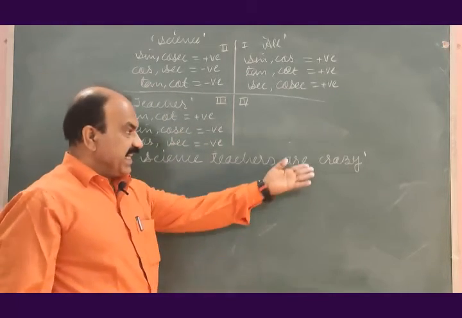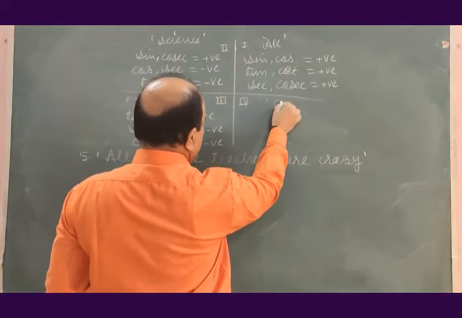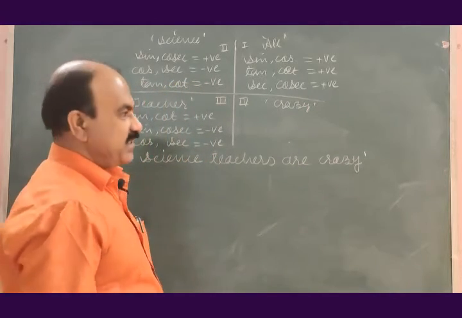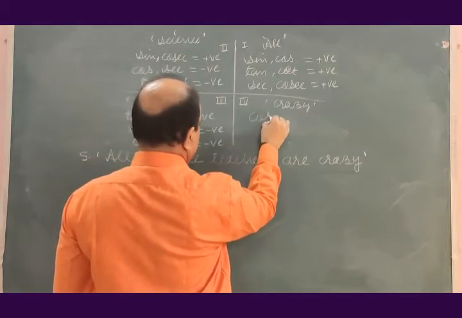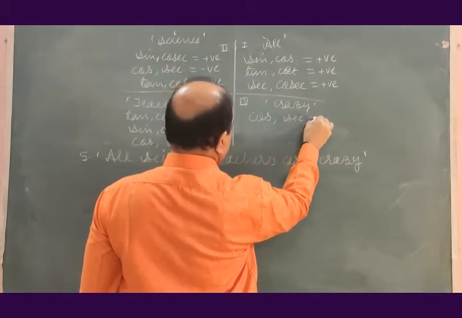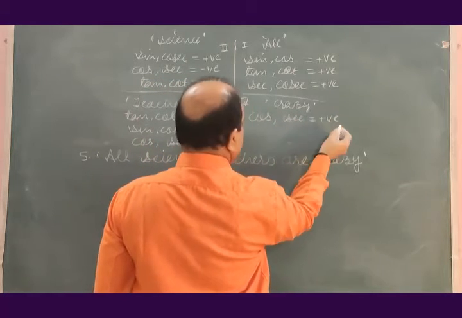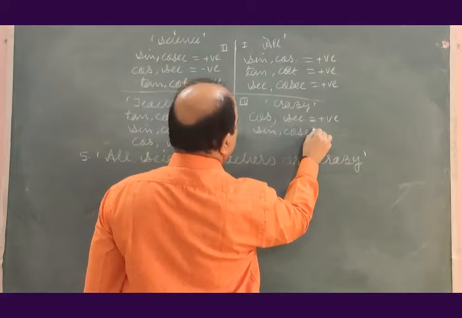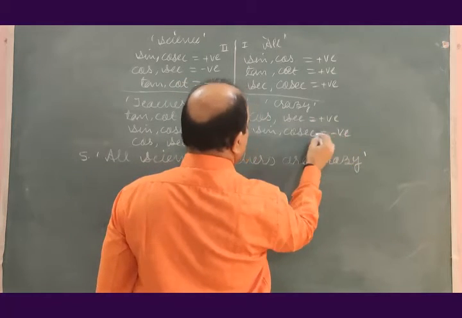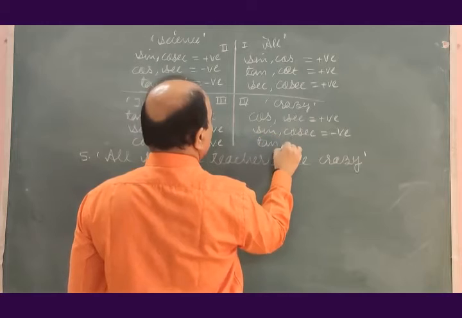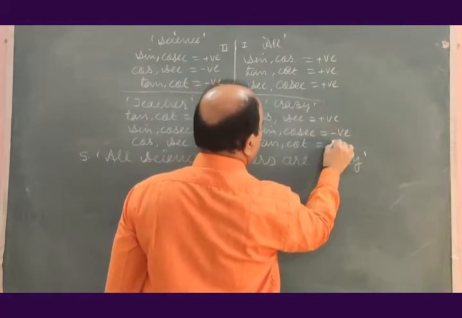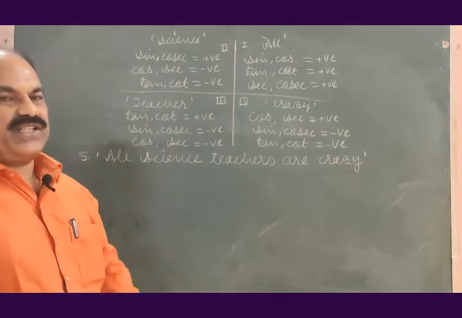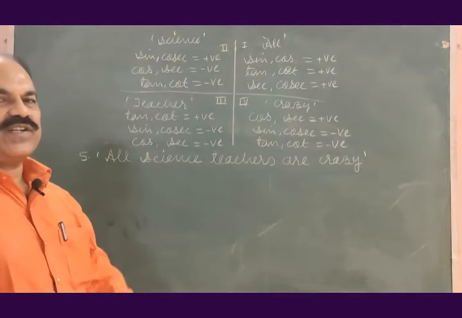What is left now? "Crazy." Use the word "crazy" in the fourth quadrant. Cos and sec are the only positive ones in the fourth quadrant.